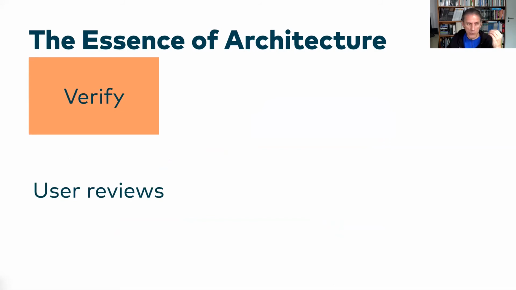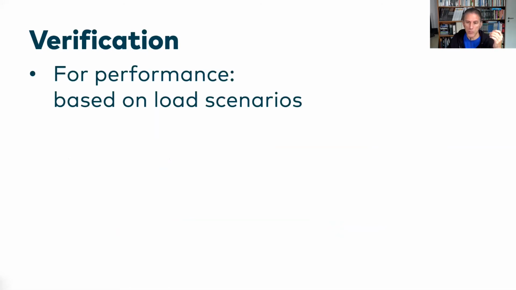And the verification is actually something that is often hard. So the verification that we're used to for performance, for example, we can verify whether we reach the goal for performance based on load scenarios.